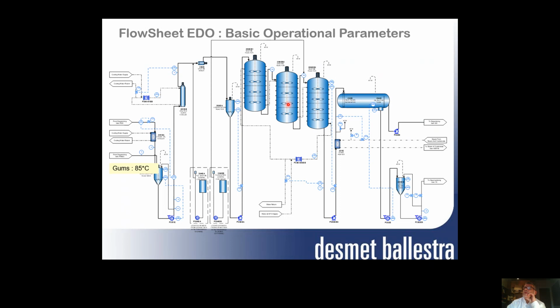Some basic operational parameters of this flow. As we mentioned before, the gums come from the water degumming section at 85 degrees, but then they are mixed with cooled crude oil at 40 degrees, which makes a mix of gums at 70 degrees C. But we still need a lower temperature to make a good enzymatic reaction, so we still need to go lower, to figures of about 55 to 58 degrees C, with gums liquefaction and the gums reactions, as we mentioned before.